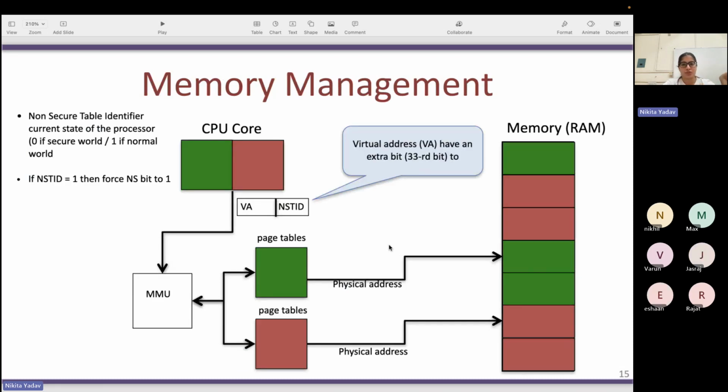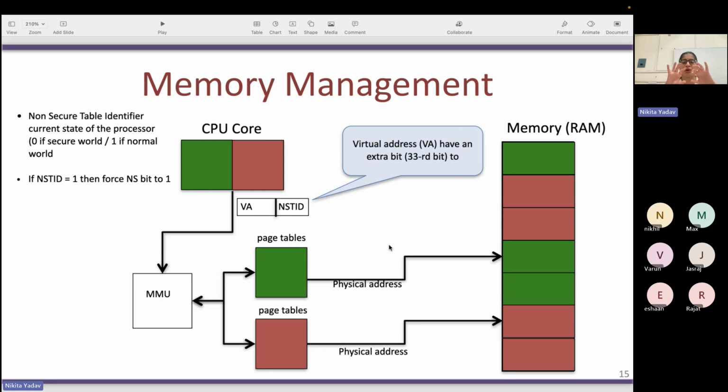Even if you did not understand these two, three slides, what it is showing here is how this memory isolation is implemented by ARM TrustZone. So how does ARM TrustZone enforce that the normal world cannot access the memory of the secure world? Because that's very important if you want to isolate the software running in these two different worlds.